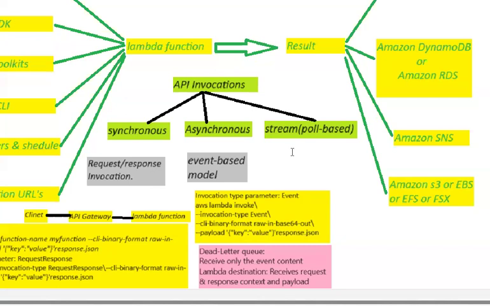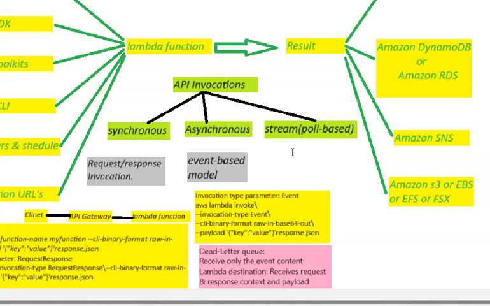You can take DynamoDB or Kinesis streams or SQS. Whenever you want to poll messages out of a stream or queue based service, then use this. So in this, what happens?